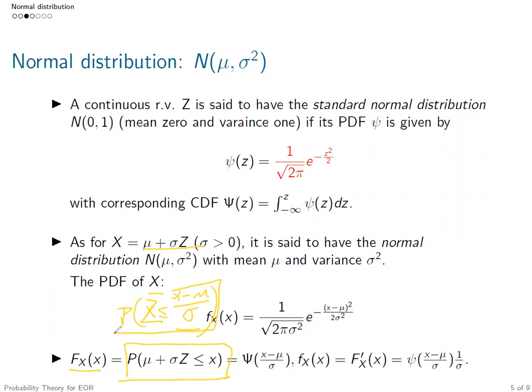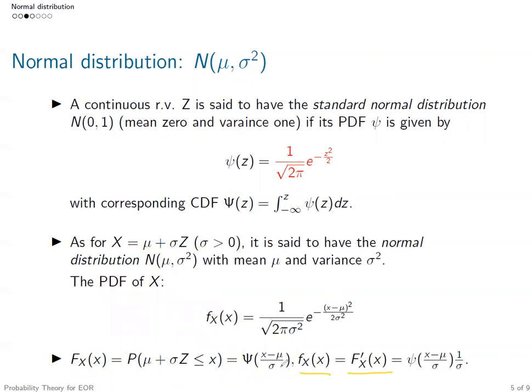And this number should be given by the CDF of the random variable Z, right? So now we plug in the value here. And f_X is essentially the derivative of this CDF. Given this CDF is differentiable, the conventional choice is that the density should be the derivative.